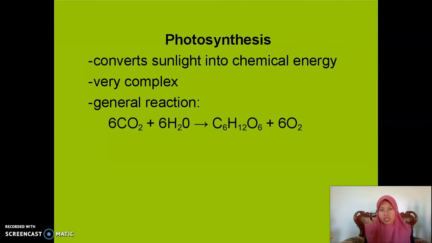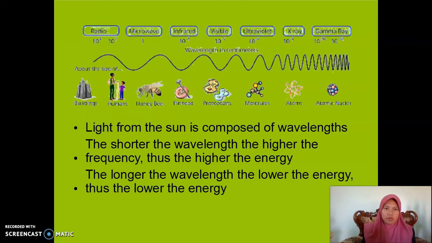Okay, so this is the general formula again. Carbon dioxide and water, it will give out the carbohydrates and also oxygen. Okay, so this is the wavelength, the visible spectrum that we talk about, and we have to remember, the shorter the wavelength, the higher the frequency, the higher the energy.